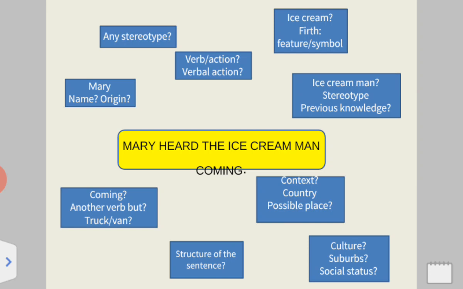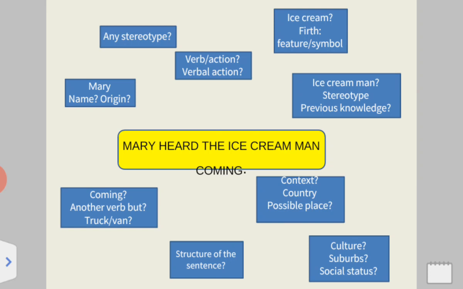Probably we're connected to the culture since we're studying that language, and also because we have been watching a lot of movies and TV shows, series, I don't know, a lot of information from the United States. So that is a second aspect, the stereotype, right?